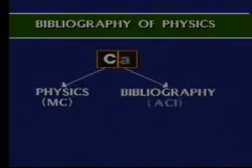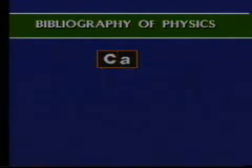Let us begin with the title Bibliography of Physics. The class number is C small a. In this class number, you will notice that small a is the ACI. As you can see in the example, the ACI is attached to the host class number without any connecting symbol.